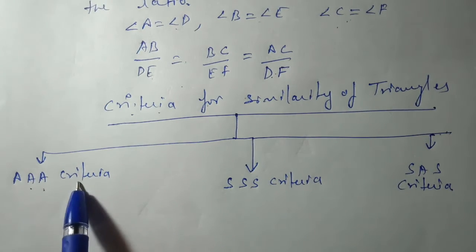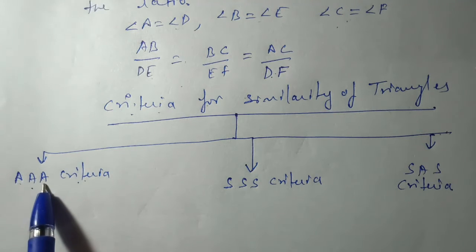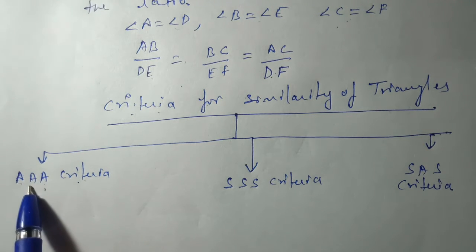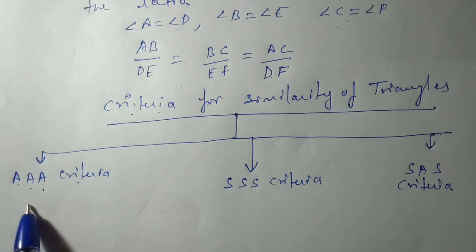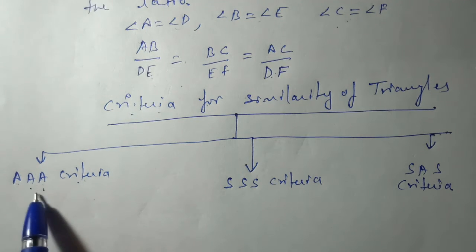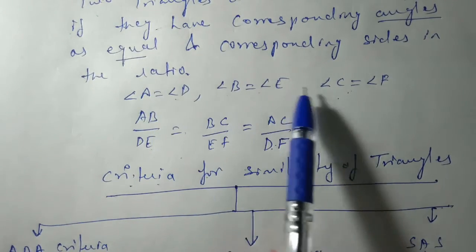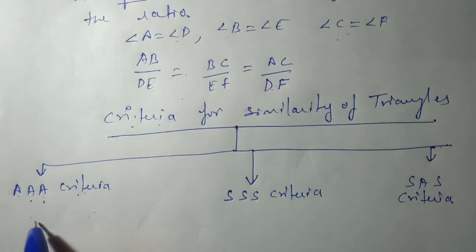Come to the first criteria, angle, angle, angle. Since angle, angle, angle is given, we just have to look at the angles of one triangle and the angles of the other triangle, and check that angles are equal. So let us take the figure.